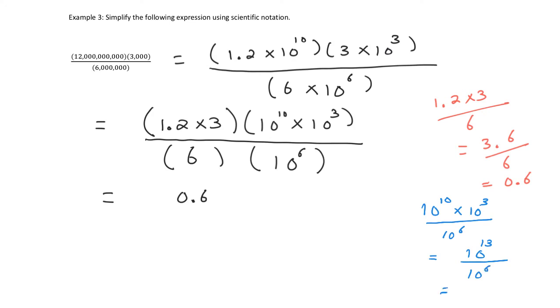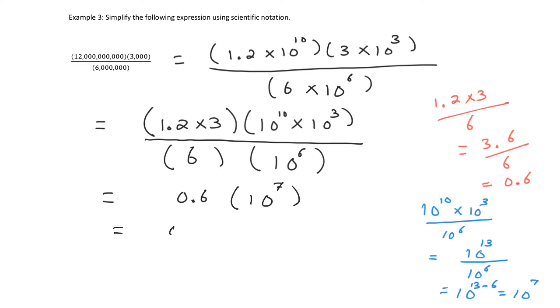Now that I'm dividing two things that have this similar base, I'm going to subtract the exponents. So that's going to be 10 to the 13 minus 6. If you multiply, you would add the exponents, but if you divide, you subtract the exponents. So this is going to be 10 to the power of 7. So I'm going to replace this entire portion here with 10 to the 7th.